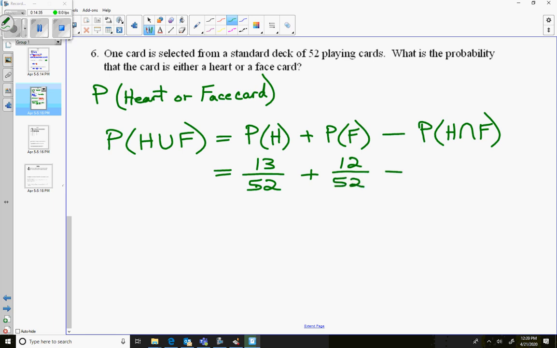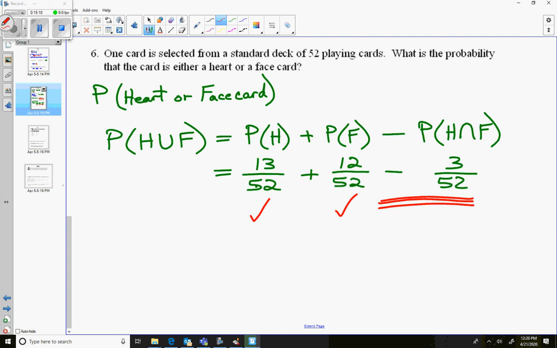Minus, how many are heart and face cards? In other words, I want the jack of hearts, the queen of hearts, and the king of hearts. So 3 out of the 52. Now this is the key to the problem. Why are we subtracting that? Well, the reason is real simple. That jack of hearts, queen of hearts, and king of hearts, we counted them right there when we counted our hearts, but we counted them again right there when we counted the face cards.